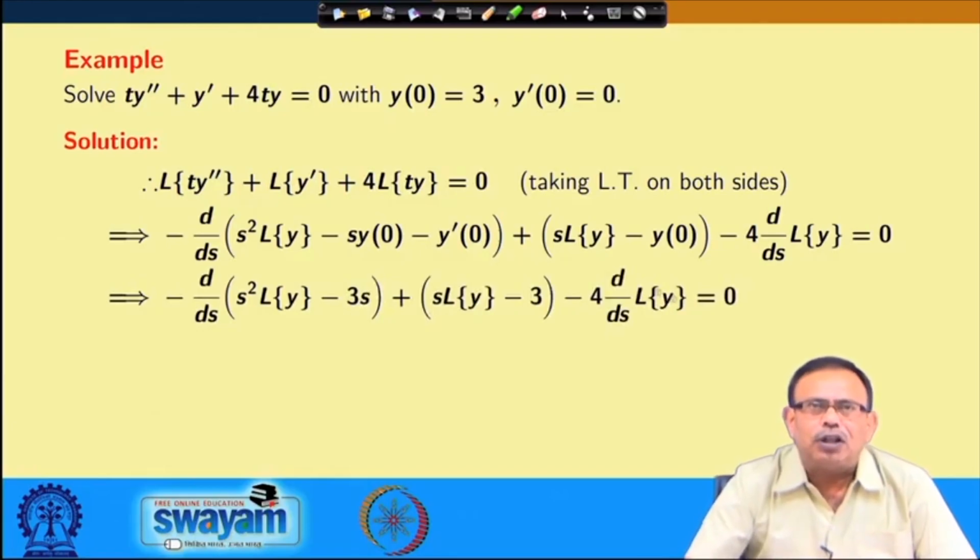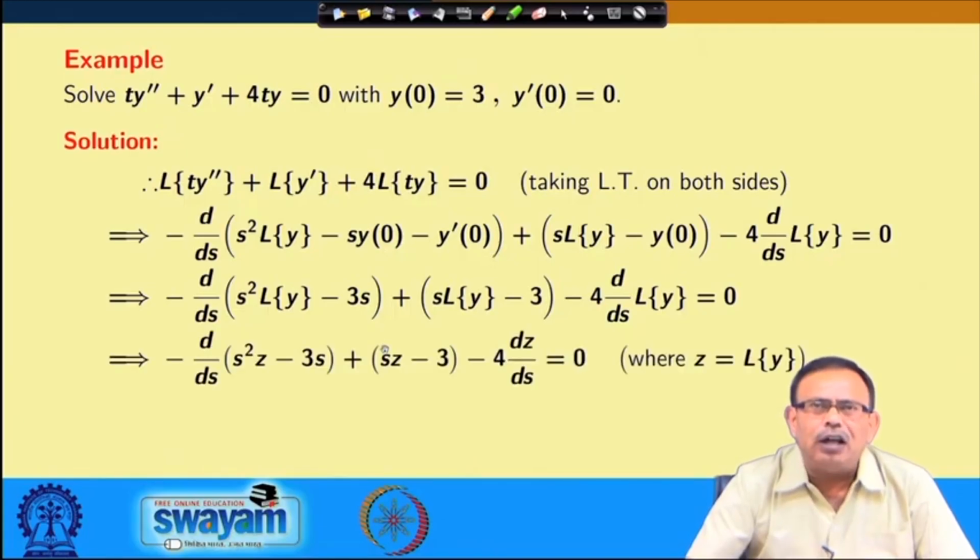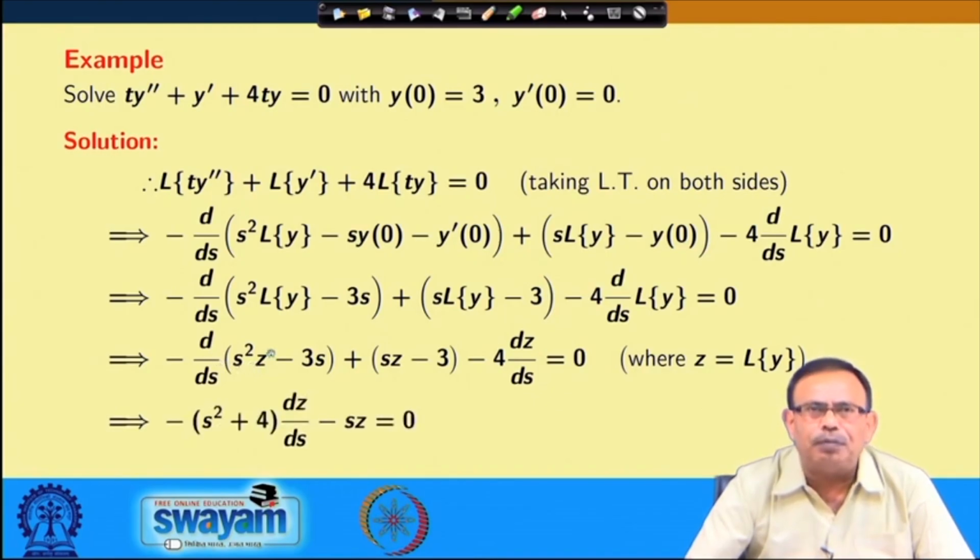Now substituting the values of y0 and y dash 0, I obtain this, and if I substitute z equals Laplace transform of y, then z will be a function of s afterwards, so minus d/ds of this will come.